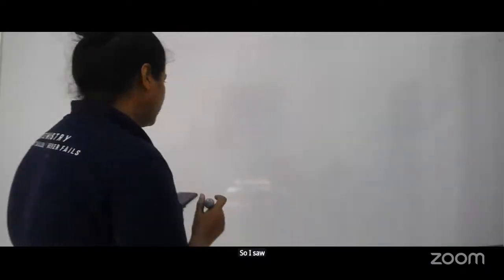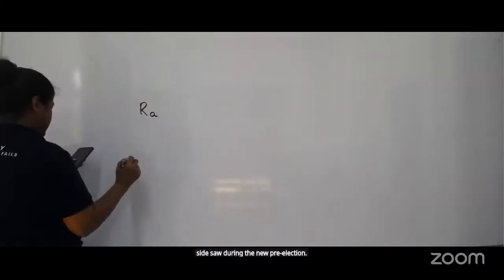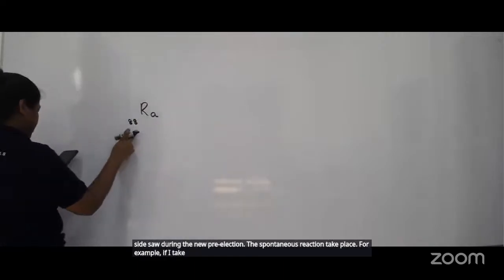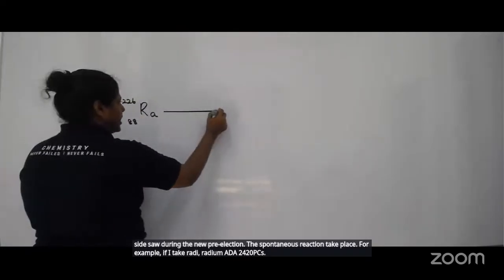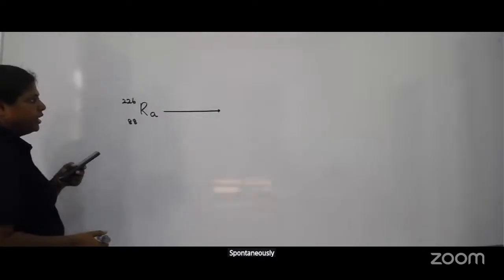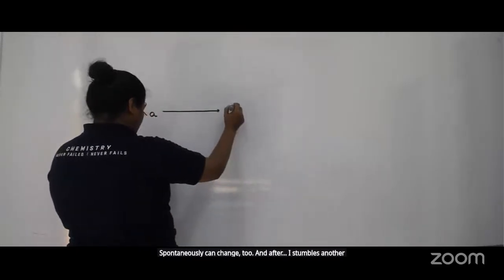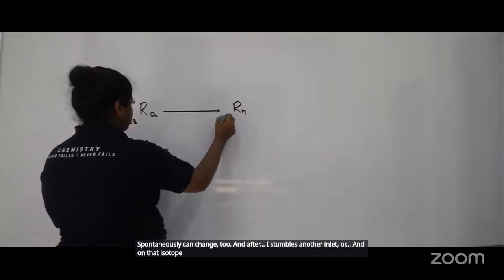So during the nuclear reaction, the spontaneous reaction takes place. For example, if I take radium 88-226, spontaneously it can change to another isotope of another element or another isotope of the same element.